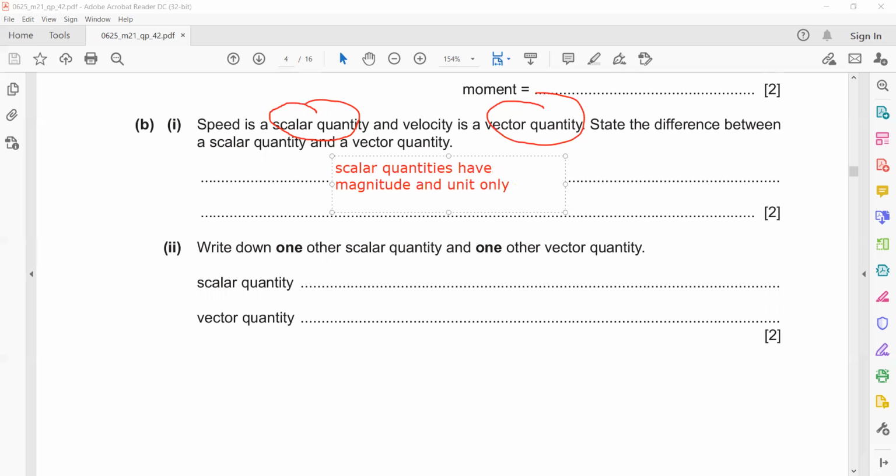Where vector quantities have magnitude, means the number is there, unit and direction.